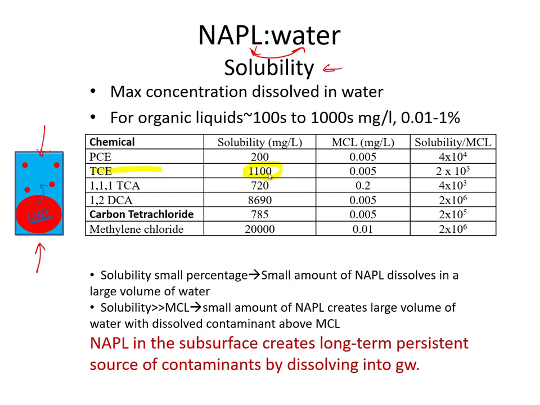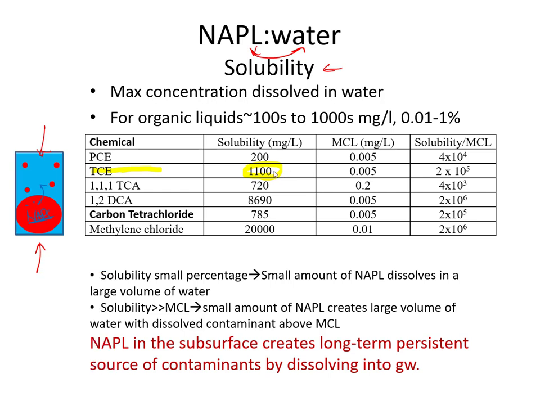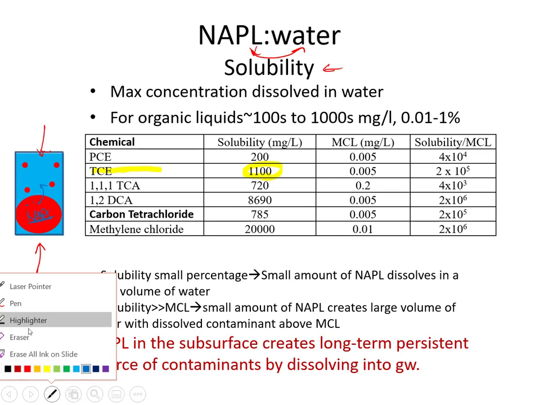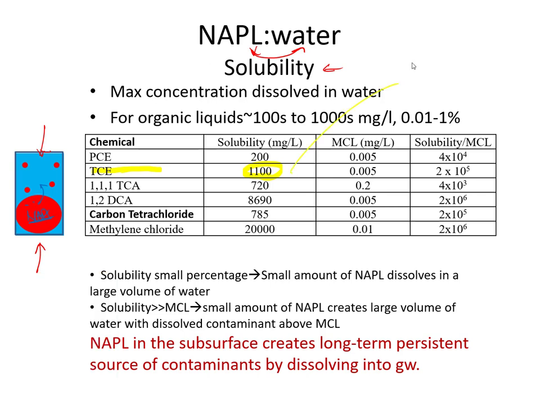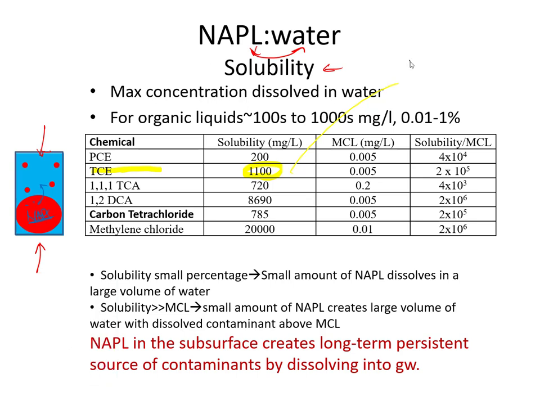So 1100 milligrams per liter. So that's about 1 gram per liter. 1.1 grams per liter is the maximum that we can dissolve into water.